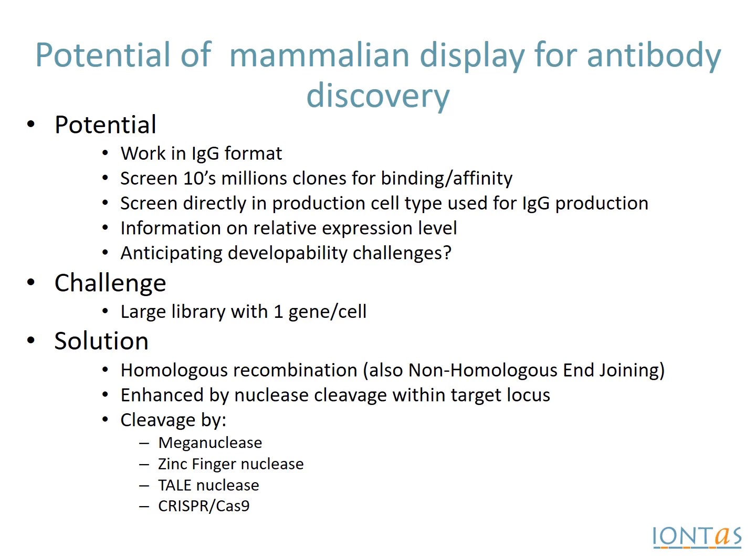Meganucleases recognize 18 base pair sequences, and so it's either very rare or absent in the genome. And in this case, by introducing a meganuclease plasmid at the same time as a donor DNA is given, we're able to push up the rate of homologous recombination. And in the years that followed, people have generated site-specific nucleases in different ways.